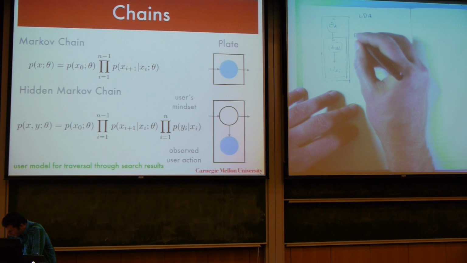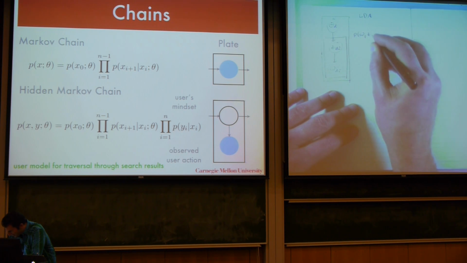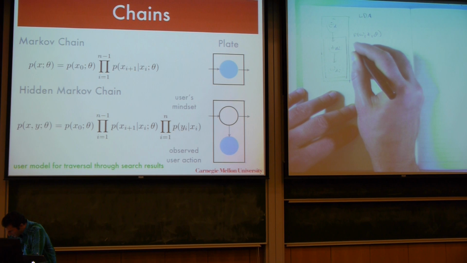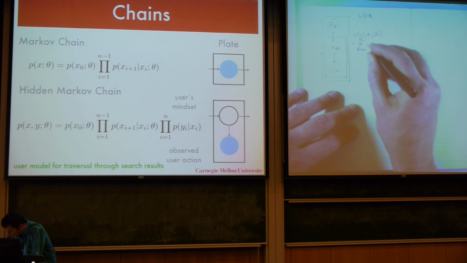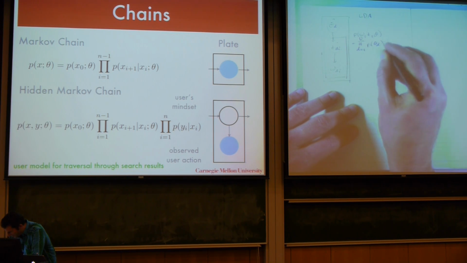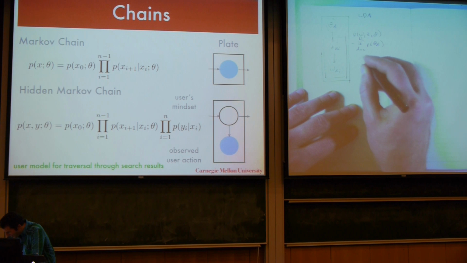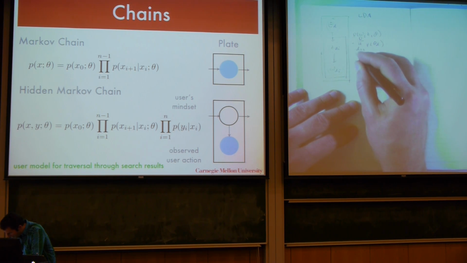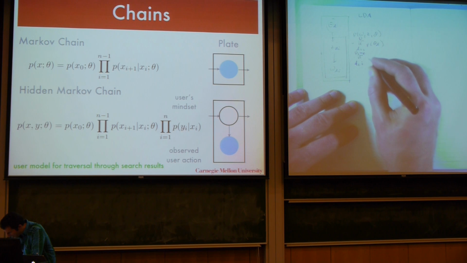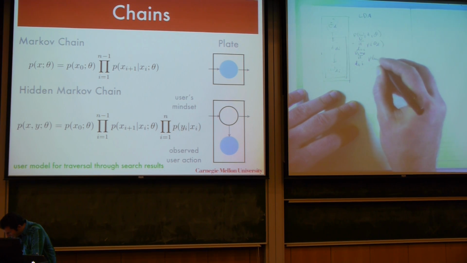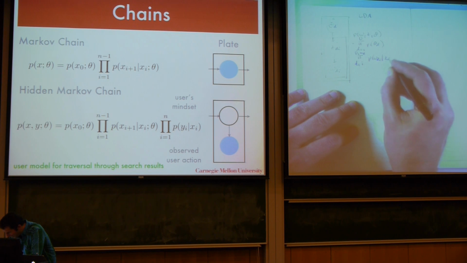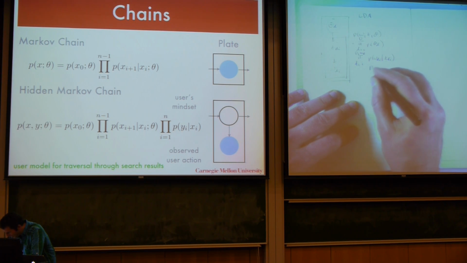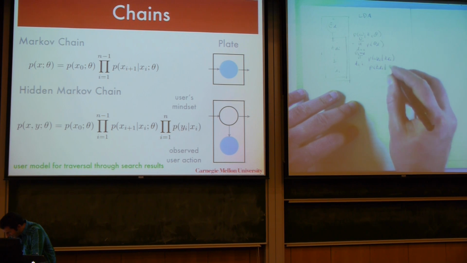And I would have that P of W, Z, and theta would be the product D equals 1 to the total number of documents, P of theta_D, times the product over now D and I going to D and M_D respectively, P of W_DI given Z_DI times P of Z_DI given theta_D.